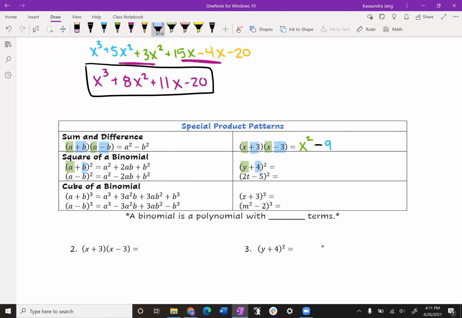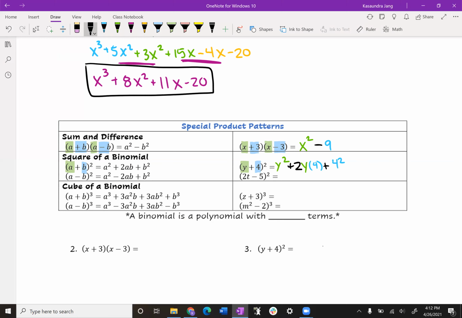So according to what this equals, it'll equal my a squared, again, like a y squared, plus 2 times a times b. So my y is the a and the b is a 4. So plus 2 times y times 4. And then plus your b squared, which the b again is a 4, so a 4 squared here.